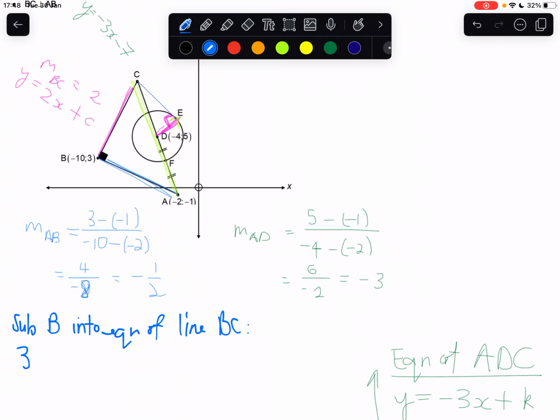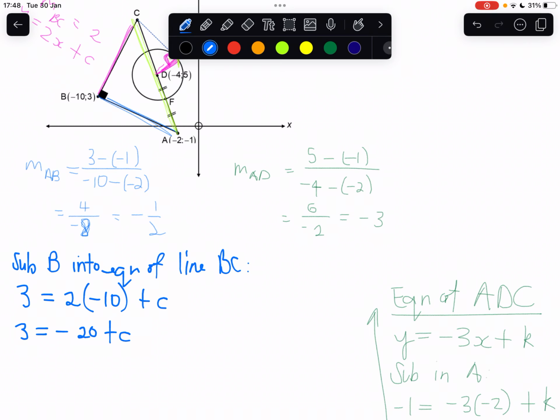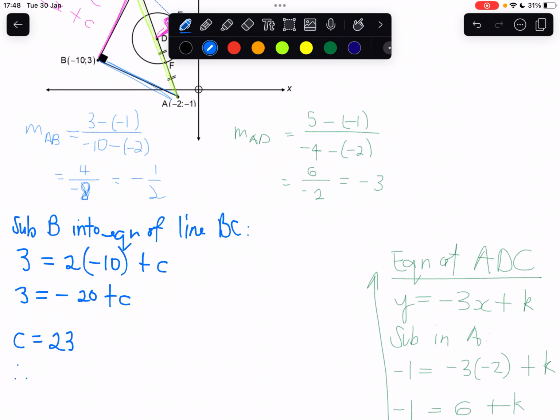So 3 equals 2 times negative 10 plus the something. So 3 equals negative 20 plus c, and we can see that negative 20 plus 23 equals 3. So c must be 23. So the equation of the line BC is y equals 2x plus 23.